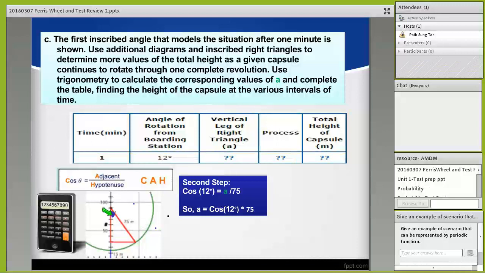My opposite is right here. This is my opposite. This is my adjacent. This is my hypotenuse. And the A, the length that we want to calculate, is the adjacent side.